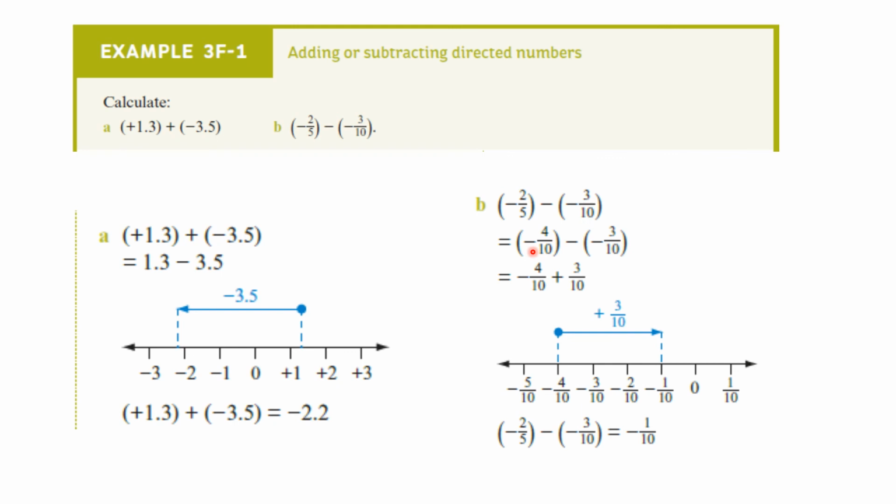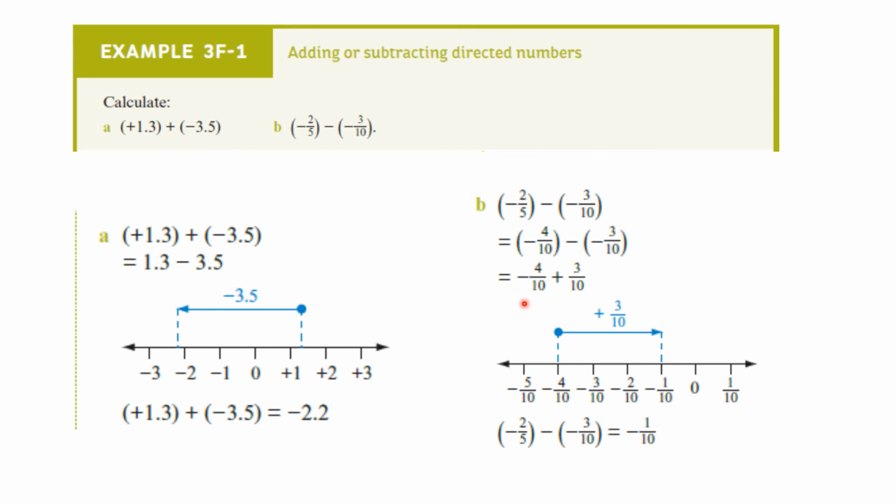So if you think about that, we have changed our denominator to be 10 by multiplying top and bottom here by 2. Okay, so we have to make sure we do that, otherwise then we cannot complete this calculation by hand.